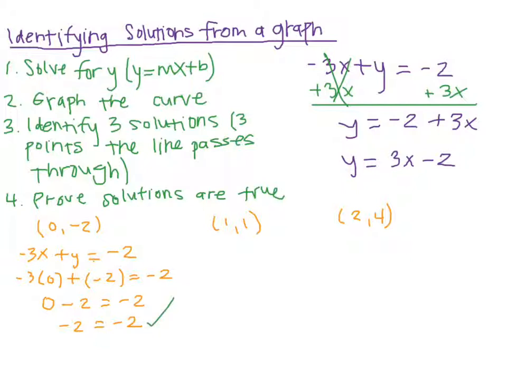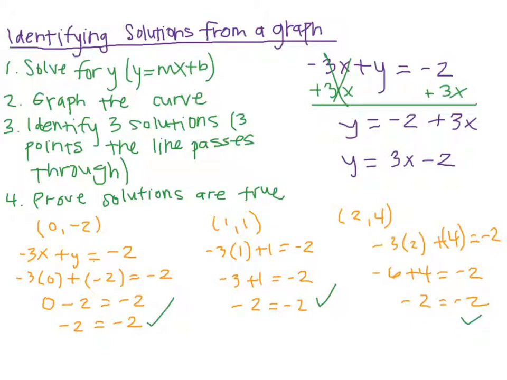That is true. So on your own, go ahead and substitute (1, 1) and (2, 4) into the equation we started with, and make sure those solutions are true. Every time I ended up with a true statement, hopefully you did as well.